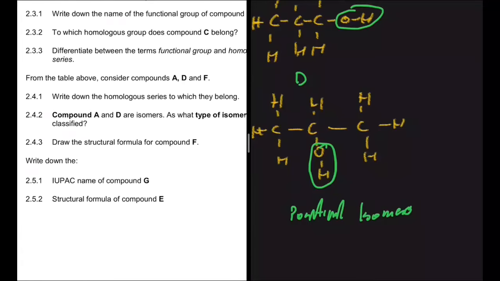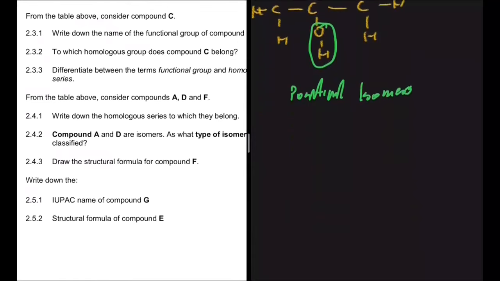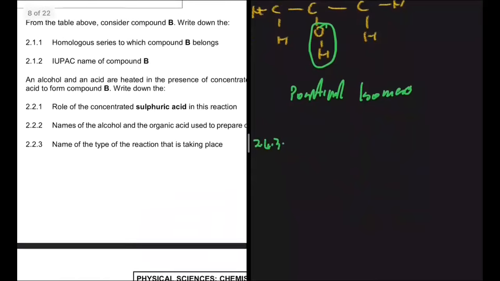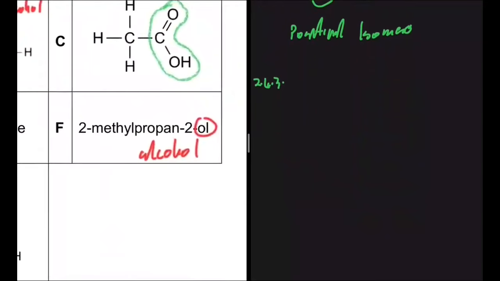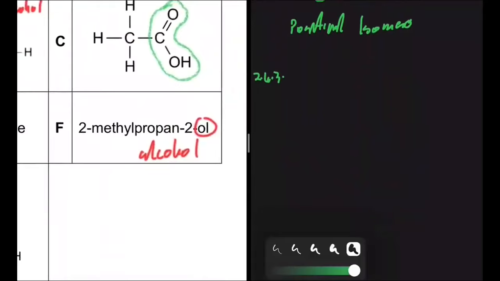2.4.3, we are asked to draw the structure of compound F. Let's go ahead and look at compound F. So for compound F, 2-methyl propan-2-ol. So let's start with the prop. As soon as we see prop, we know that we need 3 carbons. So we have 1, 2, 3, and then 2-ol.